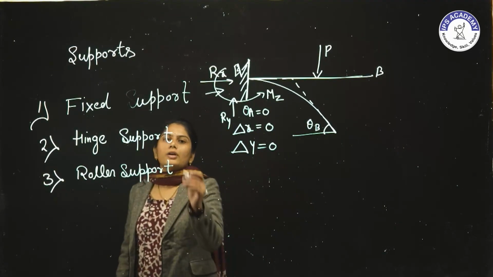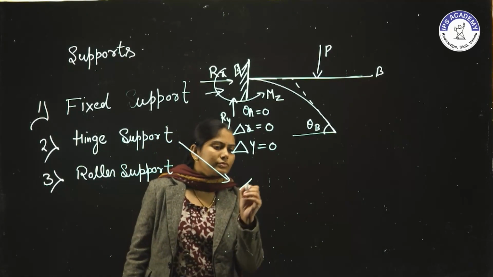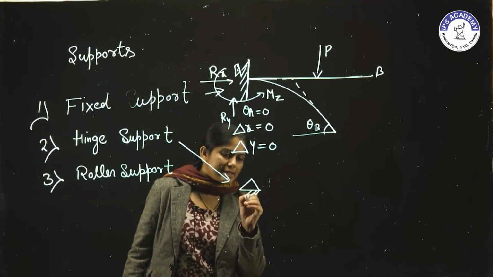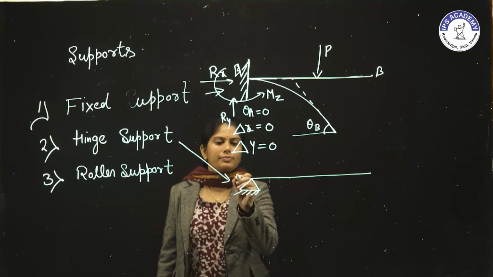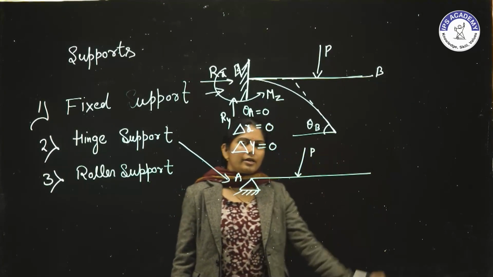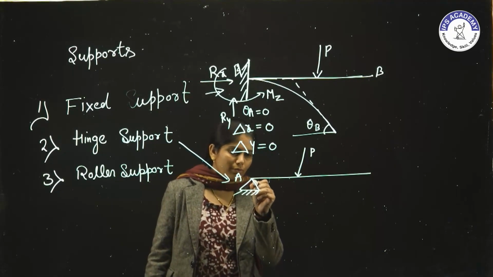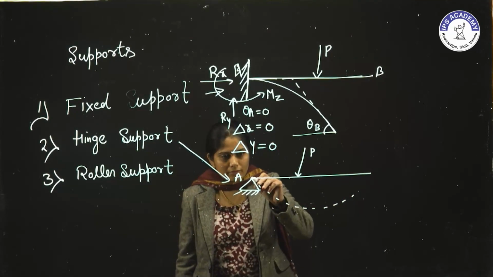Now hinge support. This is the hinge support, this is the beam. We apply the load P in downward direction. So this will happen.